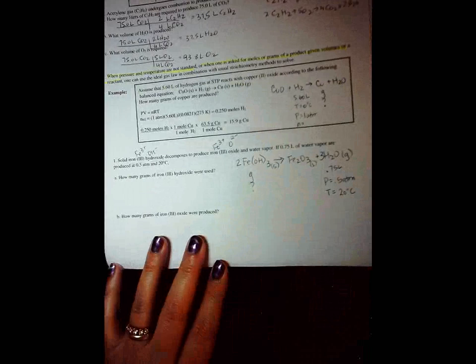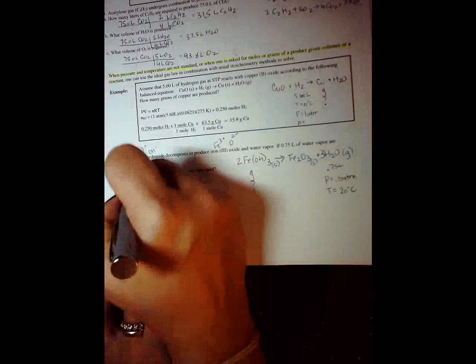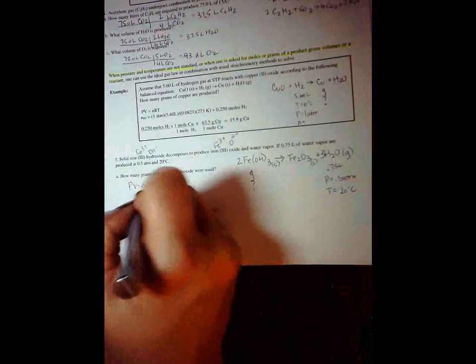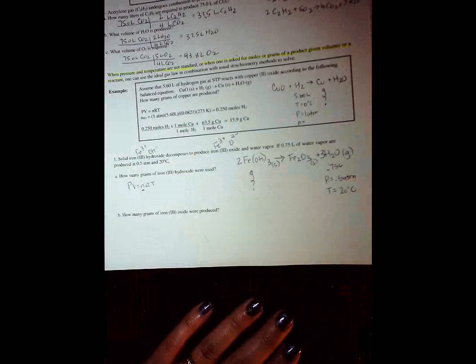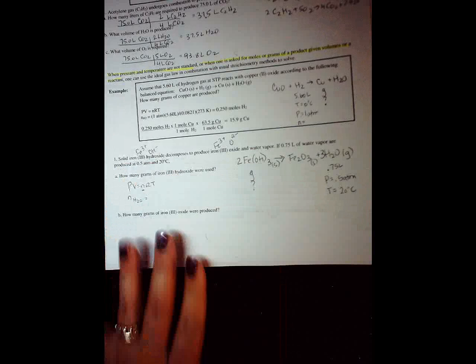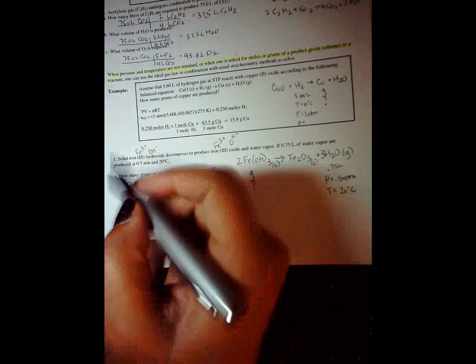All right, so what do we do? I'm going to use the ideal gas law, PV equals nRT, to figure out moles of water. If I rearrange that equation, how do you get n alone? Is it PV divided by RT?